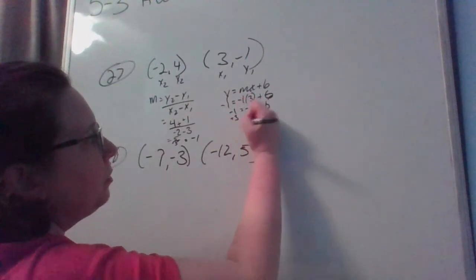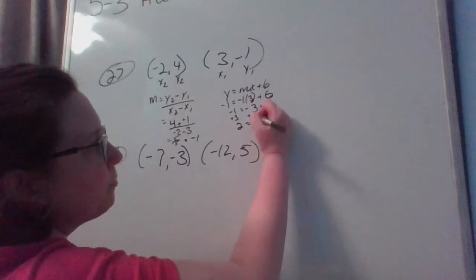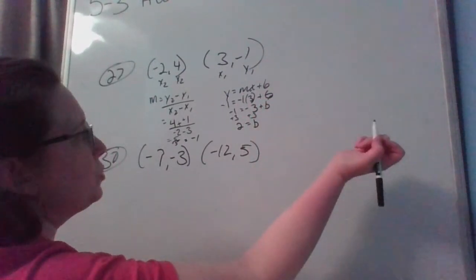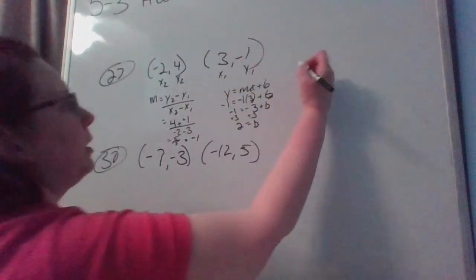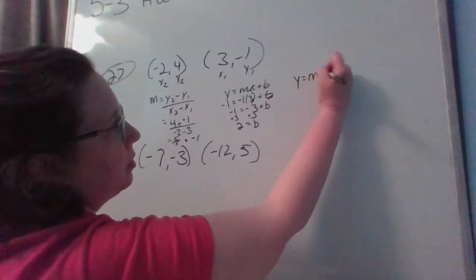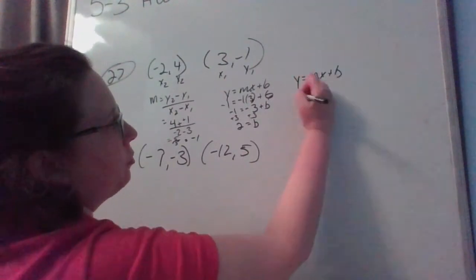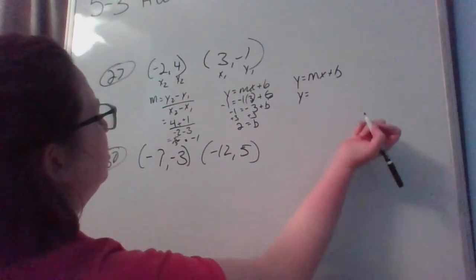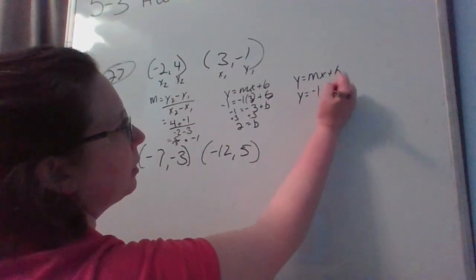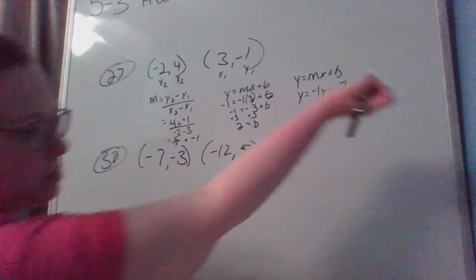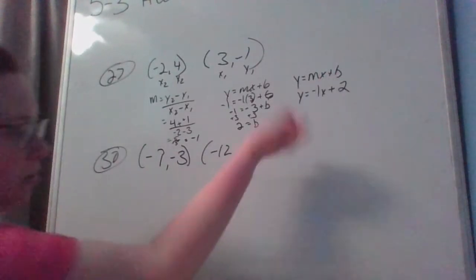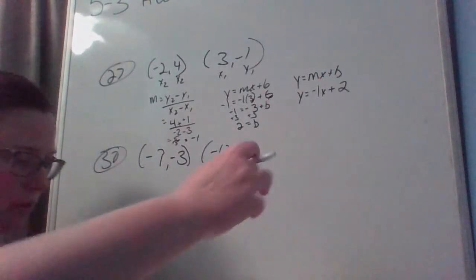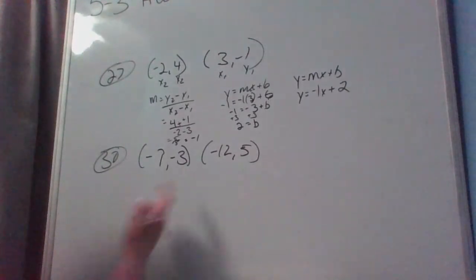Add 3, and we get that b is 2. So now we can complete our slope-intercept form and say y equals -1x plus 2.